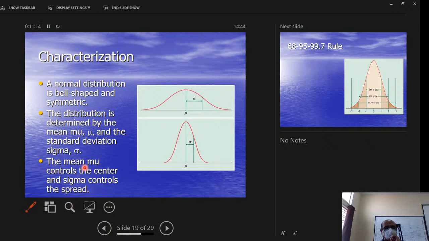The mean controls the center and sigma controls the spread.